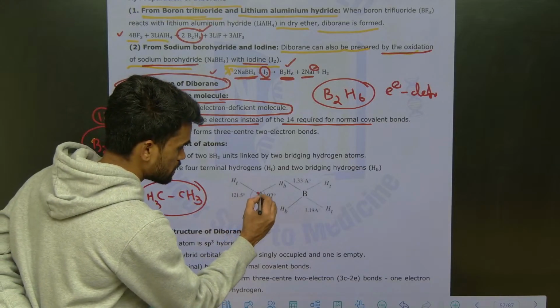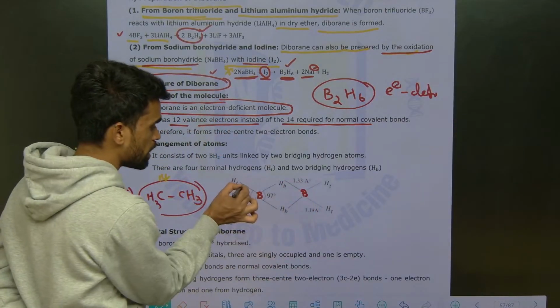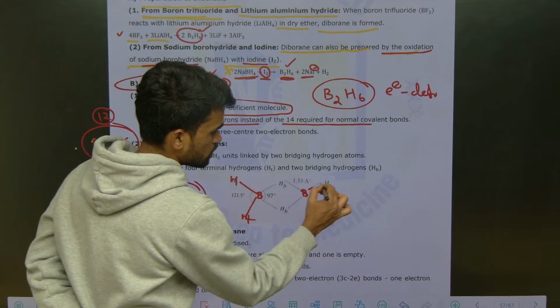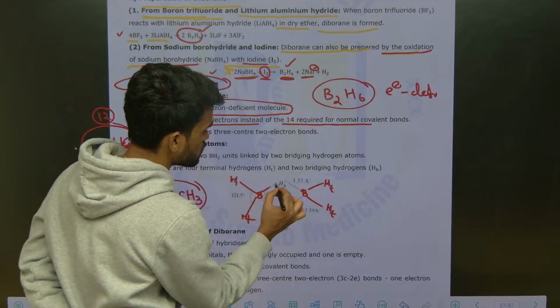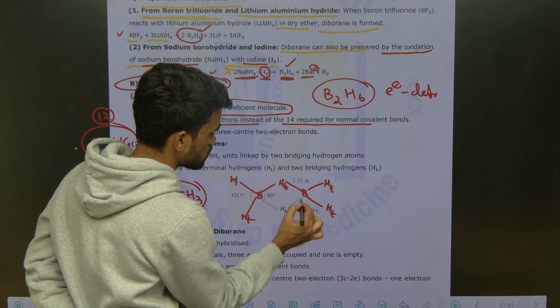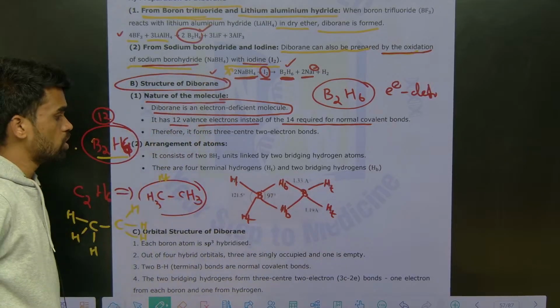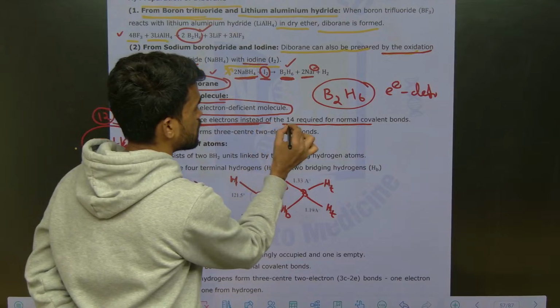Here B is there, here one more B, then one more hydrogen over here and one more here, this side 2, and in between the 2 borons we have 2 hydrogens, like this.